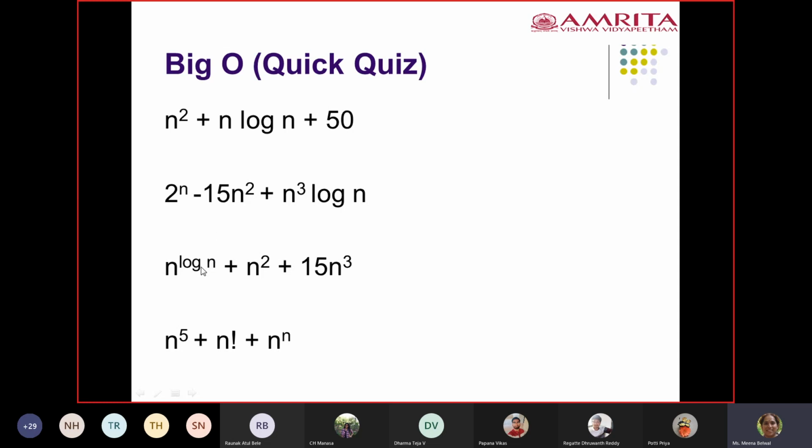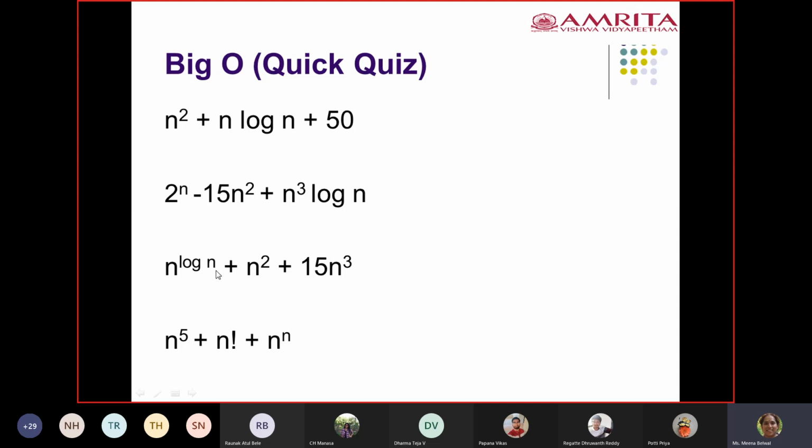Log of 8 is going to be 3, since 2 to the power 3 is 8. So at that point itself it becomes same as n cube.